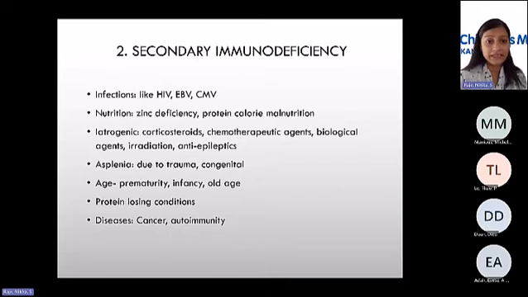Nutritional issues like zinc deficiency or protein calorie malnutrition can definitely be a factor as well. Some of the medications such as corticosteroids or chemotherapeutic agents, some biological agents, or irradiation that's used for some of the cancer therapy can lead to suppression of the immune system and cause infections.